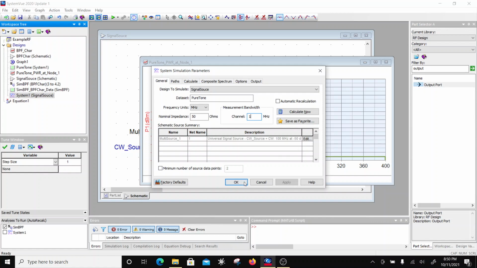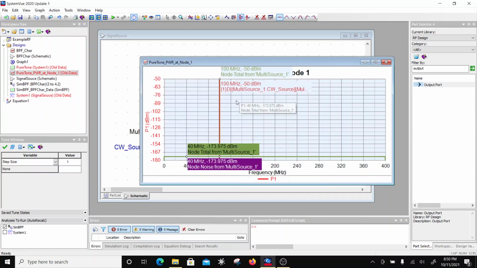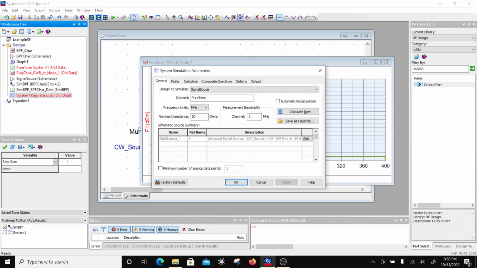So you know the reason why we are putting the bandwidth here. This bandwidth is the bandwidth for the system over which the noise is going to be integrated. Now in our case, we are looking at 3.4 to 3.6 gigahertz, so that will be 200 megahertz here.